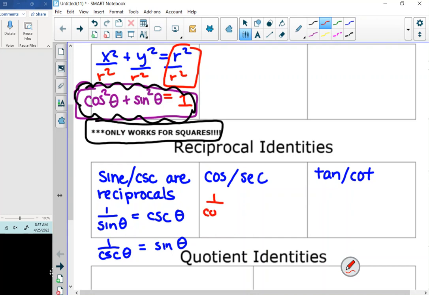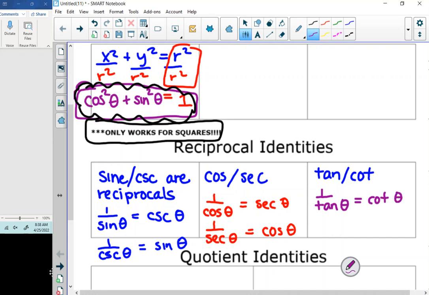When I do 1 over the cosine of something, that's the same as the secant. 1 over the secant is the same as the cosine. 1 over tangent is cotangent, and 1 over cotangent is tangent.